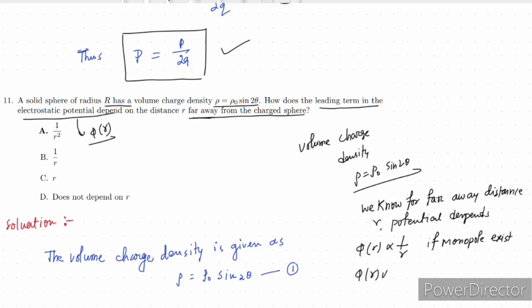Phi of r is proportional to 1 by r square if a dipole exists, when the monopole is zero, obviously. And phi of r is inversely proportional to r cube if a quadrupole exists.